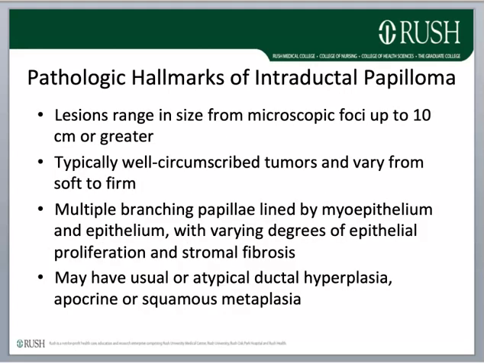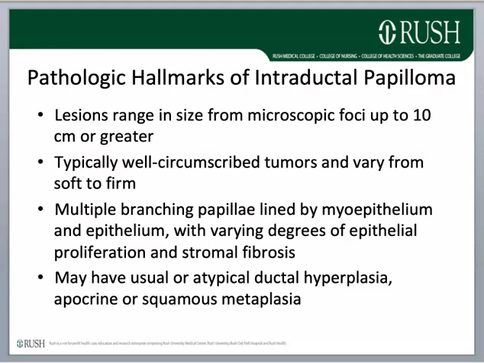These lesions show a wide variation in size, from microscopic foci that are discovered incidentally to up to 10 centimeters or greater in largest dimension. They're typically well-circumscribed tumors and may vary from soft to firm depending upon how much stromal fibrosis is associated with the center of the papilloma.